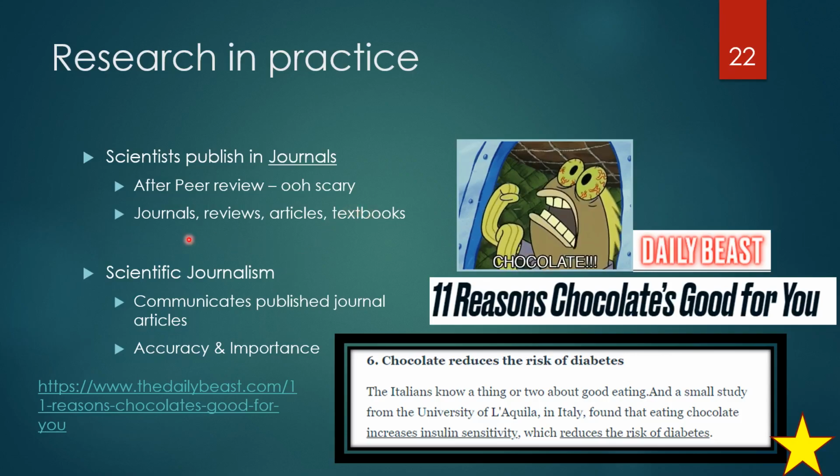So, like I said, scientific journalism, research presented in news and blog posts can be wrong. For example, I'm sure you've seen at some point that chocolate is good for you or it's good for losing weight. The thing is that a lot of that research is done by chocolate companies. And so even if chocolate could have some positive aspects, it's not as if going on a chocolate diet is going to help you lose weight or get healthier.